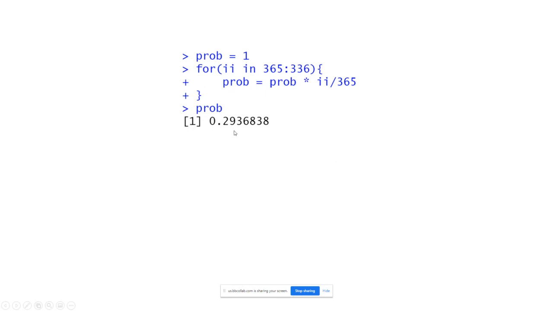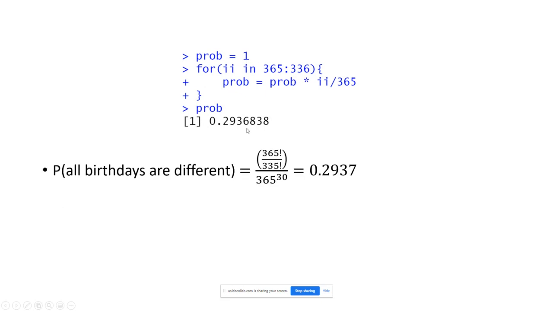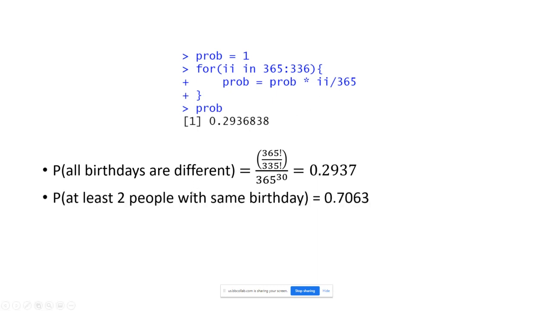We end up with 0.29. So that's the probability that all 30 birthdays are different. So the probability that at least 2 people have the same birthday is 1 minus that. So it ends up being 0.7.